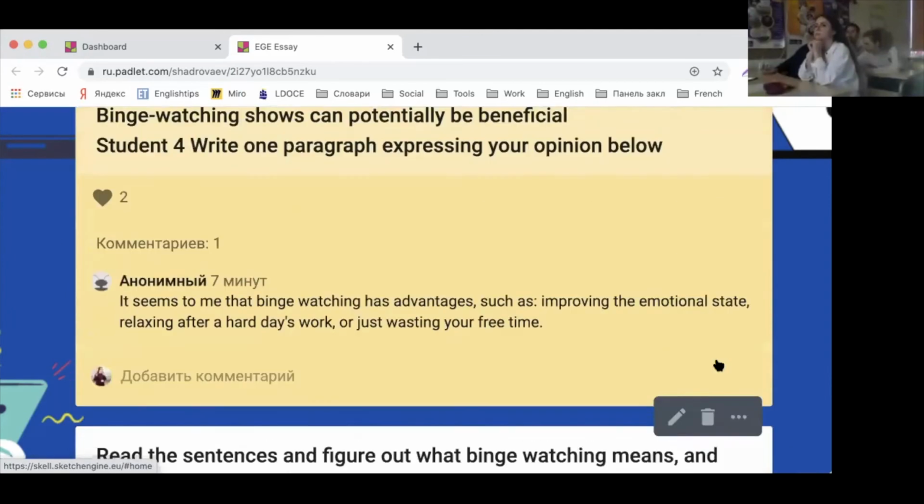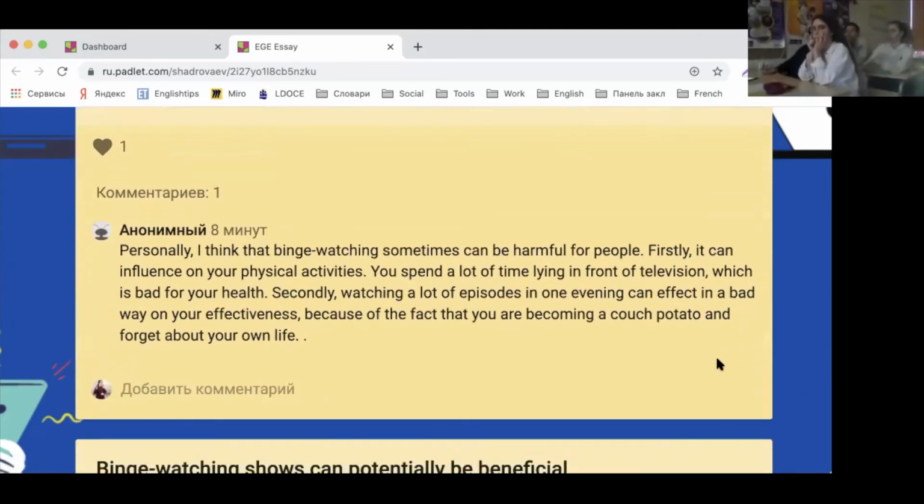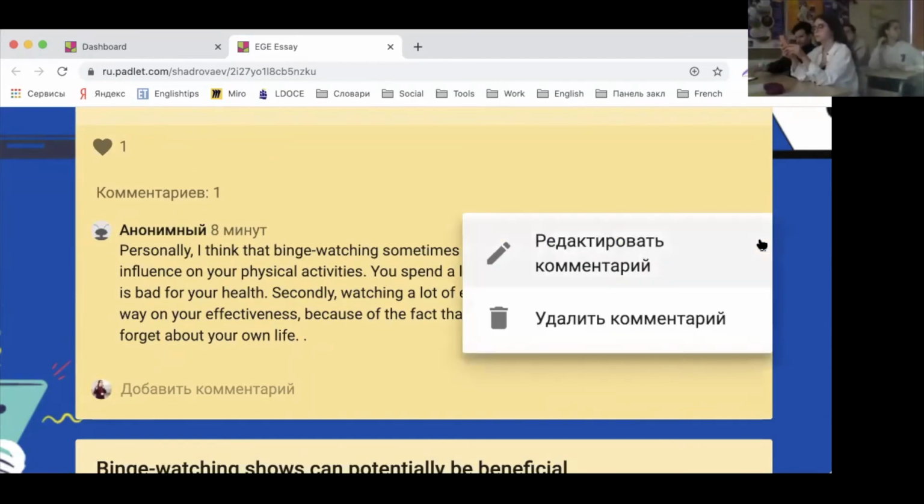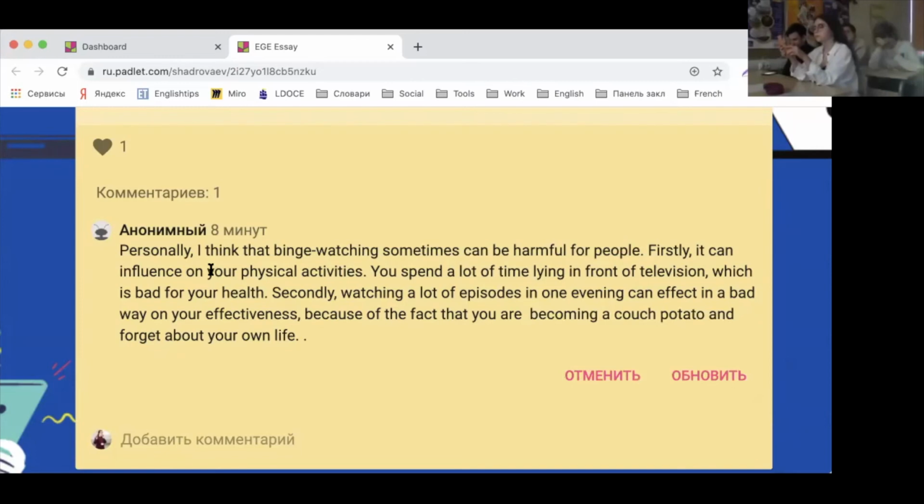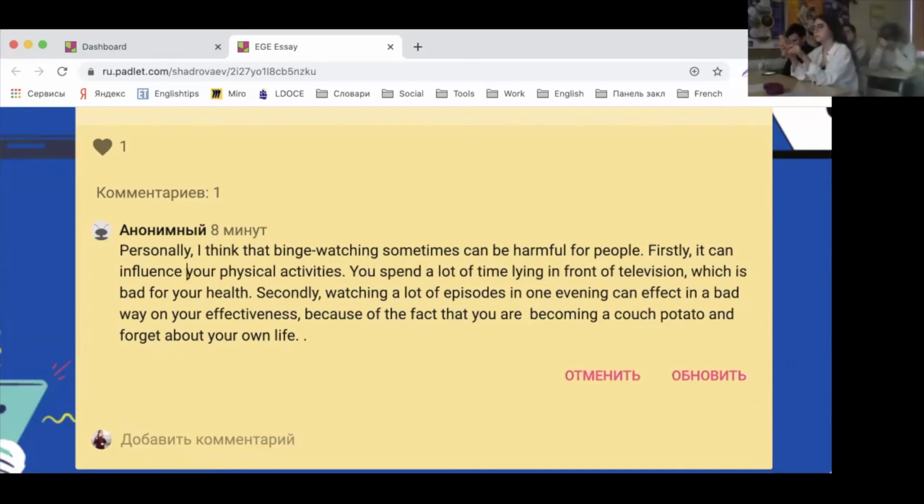Number 3, somewhere up, student number 3 here. Again, we have this idea. I think it can be sometimes harmful. It can influence, and there's a grammar mistake here. Can you spot it? So influence, no on. You have an influence on, but it influences your physical activities. You spend a lot of time lying in front of television, which is bad for your health. Watching a lot of episodes in one evening can affect in a bad way.